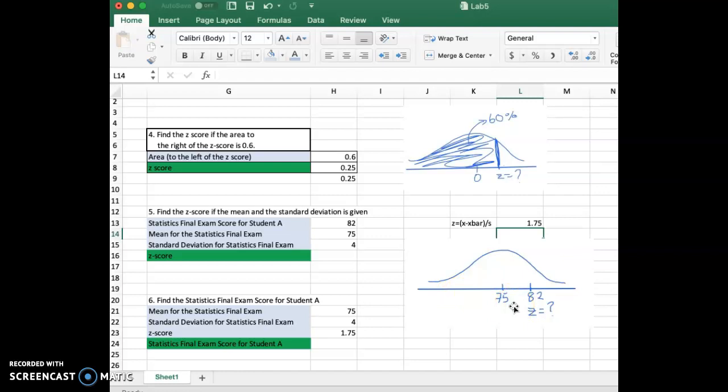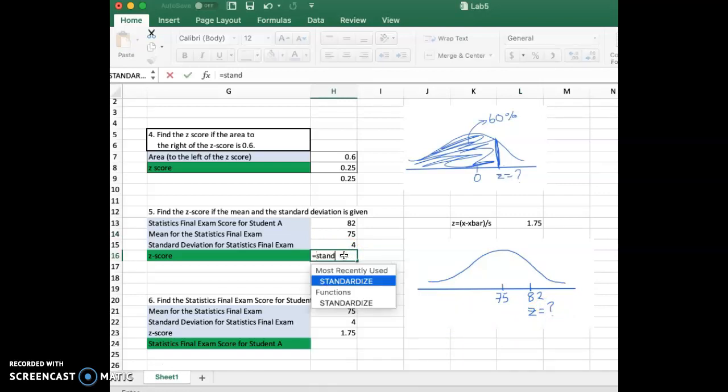There is an Excel function called standardize. We will do that. So we have the mean is 75, student score is 82, and we want to find the z-score. So let's look at how we are going to find it. The function is called equal STANDARDIZE.